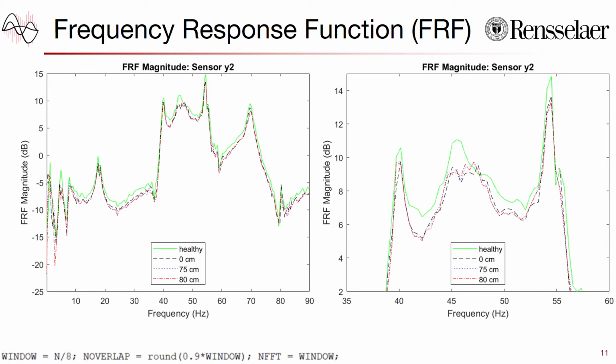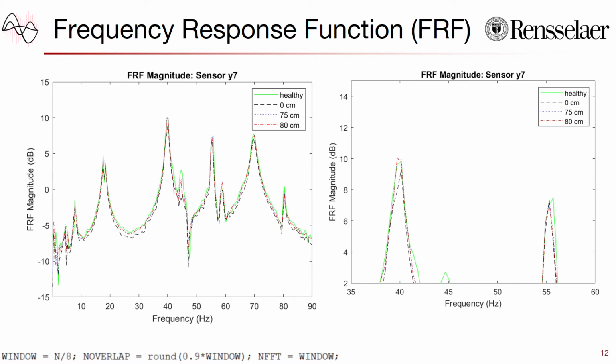The change in magnitude for the possible damage locations could be due to the addition of the weights placed along the wing, and this could point towards possible air quote damage with more weight being added to the wing. Again, for this I used a window size of 625 for N over 8.